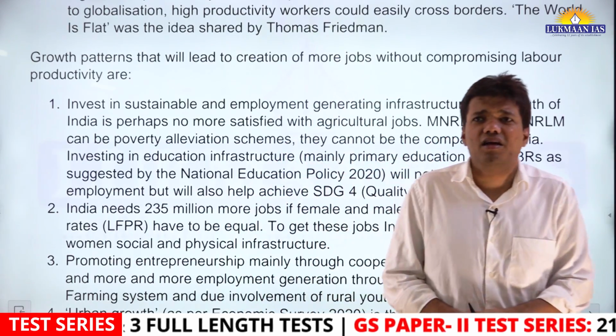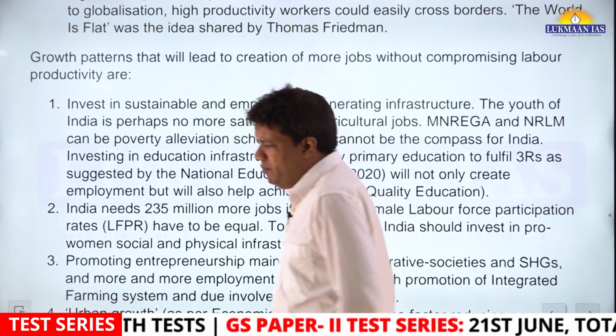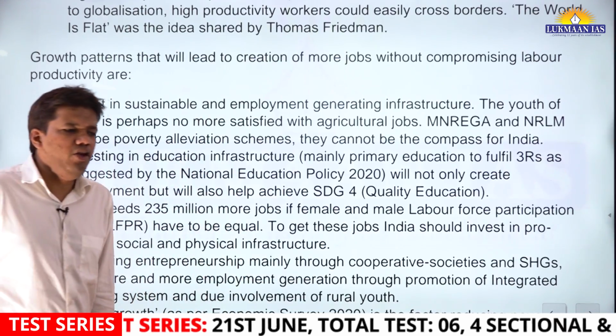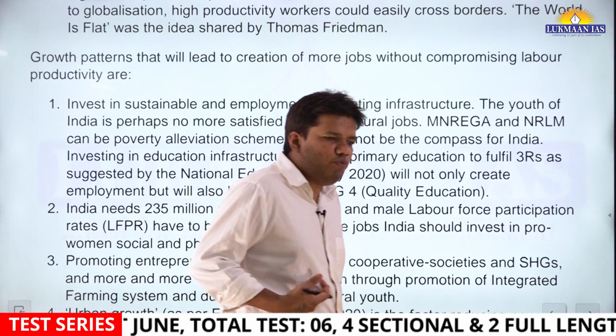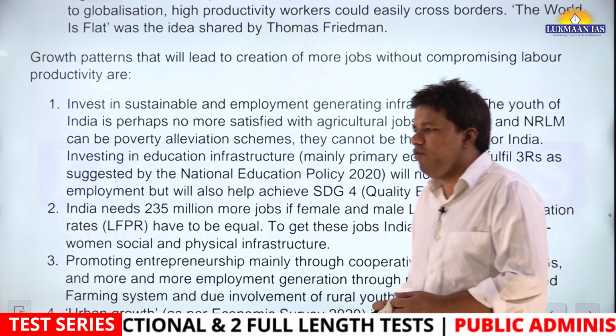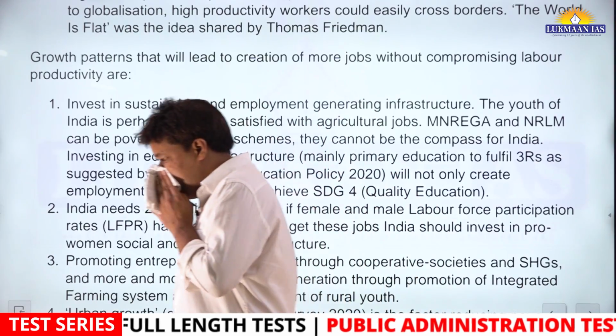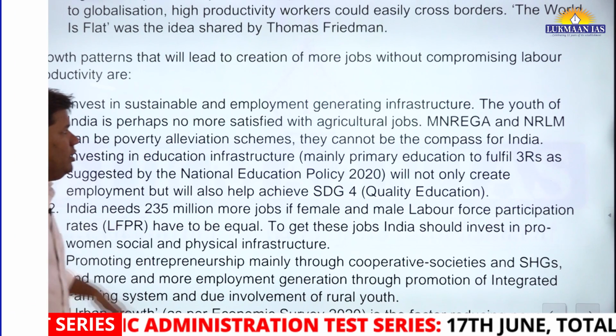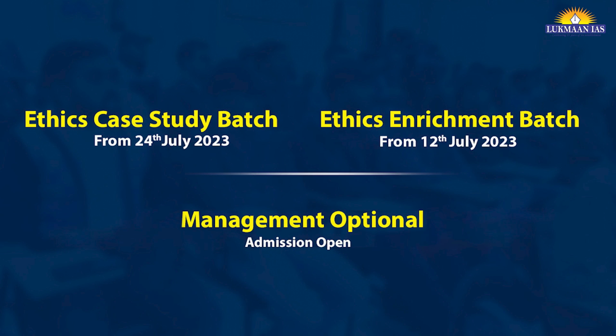Now there are schemes like MGNREGA and the National Rural Livelihood Mission. See, these are poverty alleviation schemes. Can you imagine, do you expect people to go and dig holes? We understand there is absolute poverty persistent in India, but India cannot accept this. These kinds of schemes should become a past memory.